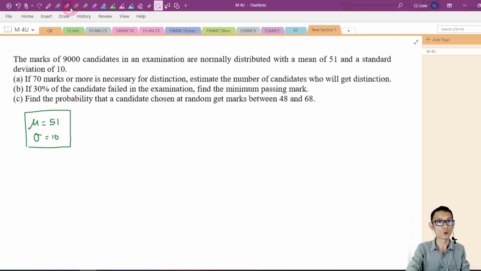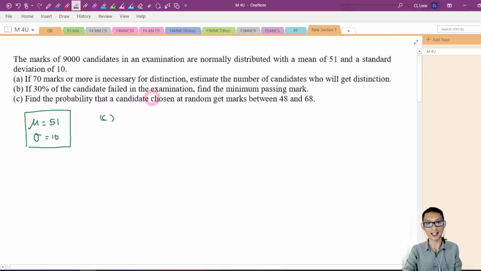Now let's go to part C. We want to find the probability that a candidate chosen at random gets marks between 48 and 68. So let me write this one first. X between 48 and 68. It means more than 48, less than 68.